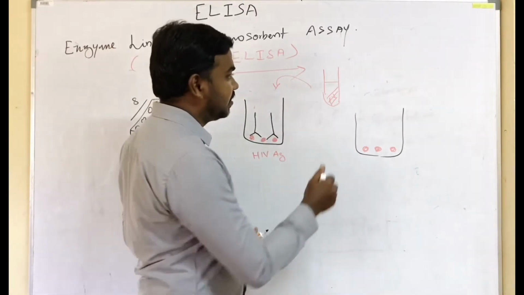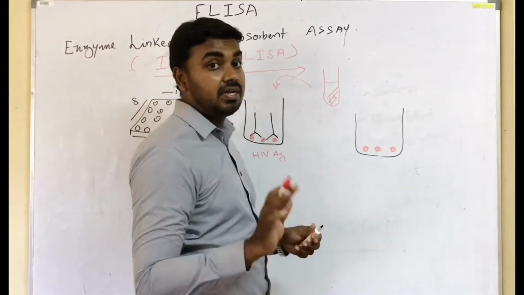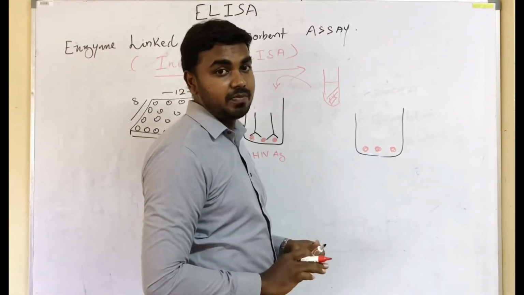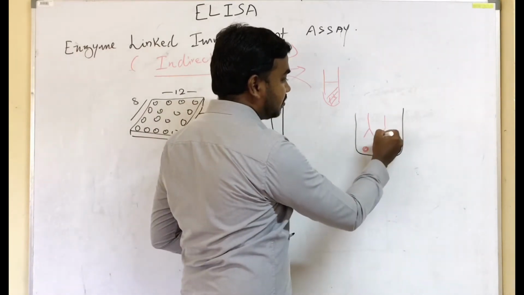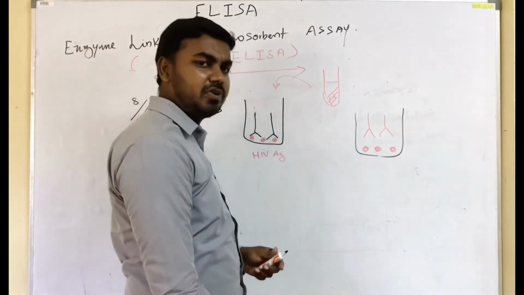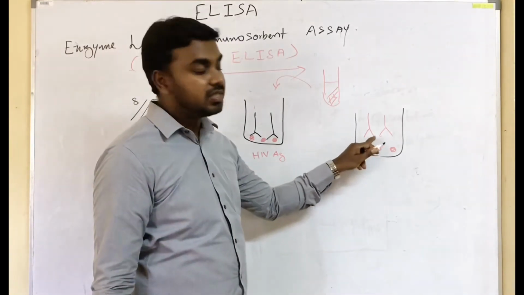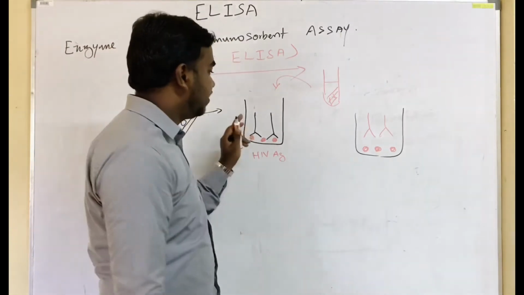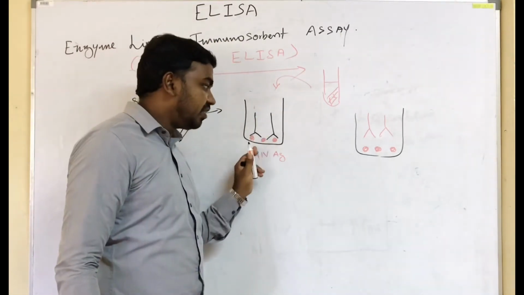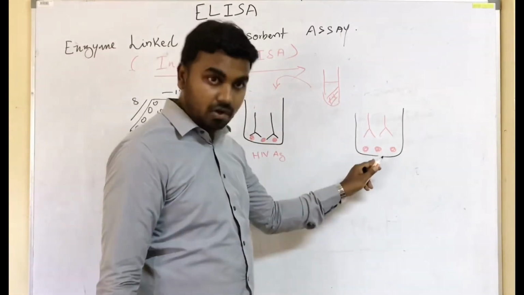For example, this sample doesn't contain HIV antibodies. What will happen? It has some other antibodies, so it will not react with these antigens. If the antibody is there, it will react. If there is no antibody, it will not react.